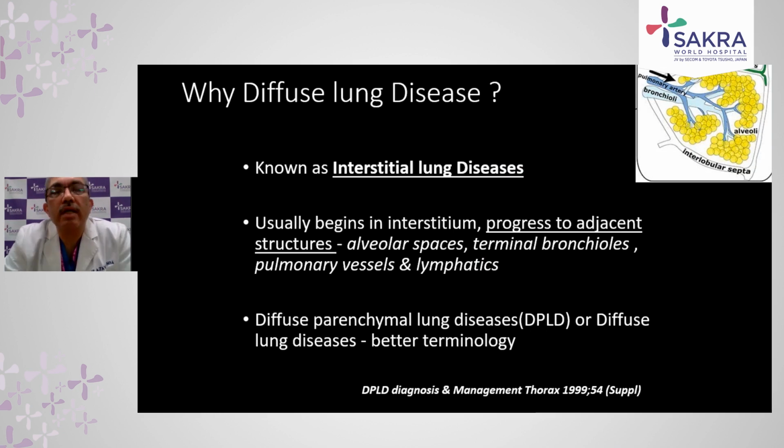So why are they called diffuse lung diseases? We all prominently know them as interstitial lung diseases all these years. In fact, this term interstitial lung disease is still widely used in most guidelines.